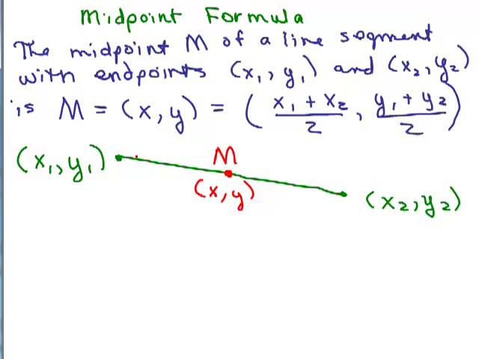So in this picture here, imagine you have this line segment between x1, y1 and x2, y2. If that's the midpoint, then we know that this length here is the same length as this piece over here. You could use one hash mark or two hash marks or three hash marks, as many as you'd like, to show that it's exactly the same length.